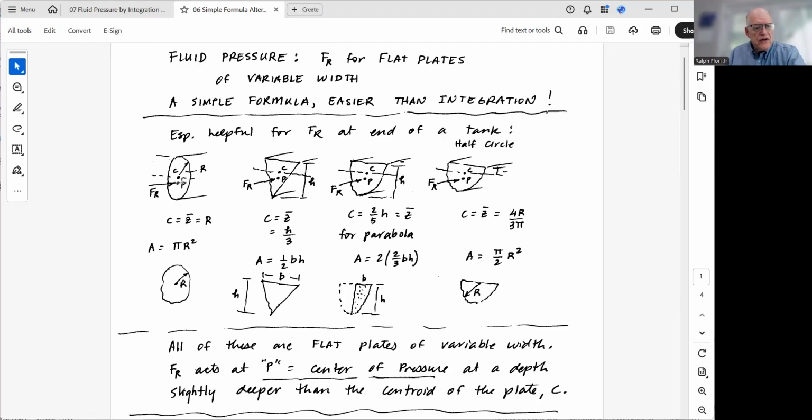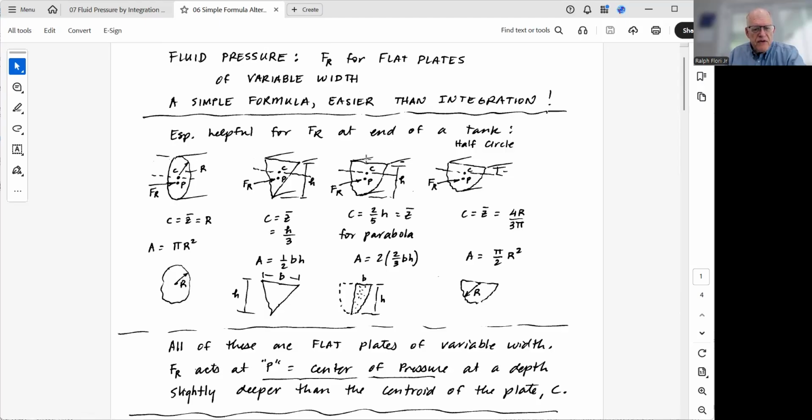If our plate is a circle, then the area is pi r squared. If it's a triangle, then the area is 1/2 base times height, so the width of the triangle and the height. For a parabola of this shape, the area is 2/3 of base times height, times 2, depending on the base.